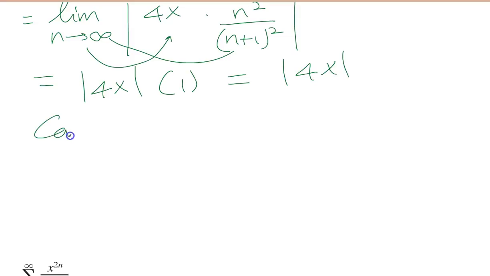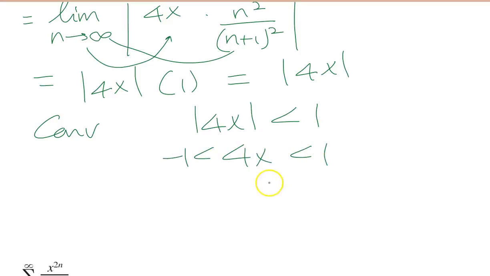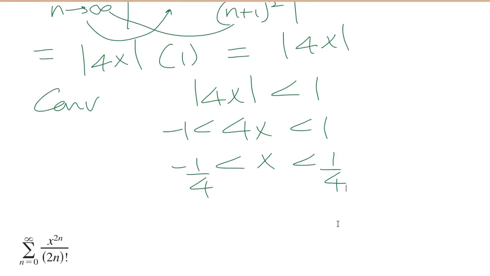Now, by the ratio test, we know that the series converges when the absolute value of 4x, in other words, the limit of the ratio, is less than 1. So 4x is between negative 1 and 1. That makes x between negative 1/4 and 1/4. Remember, all you are asked to do in this question is find the radius, right? So let's mark the center.